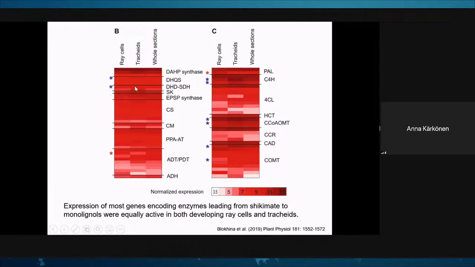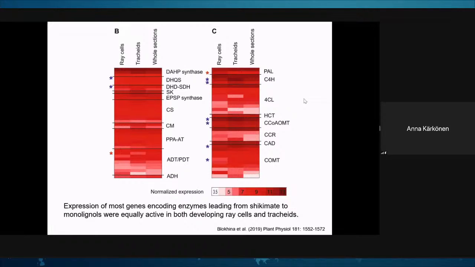If there is a cross, there is some difference. But the transcriptomic data suggest that at least the gene expression is up, leading to monolignol. So it suggests that the ray cells are probably contributing to monolignol biosynthesis. But this is not the final proof.